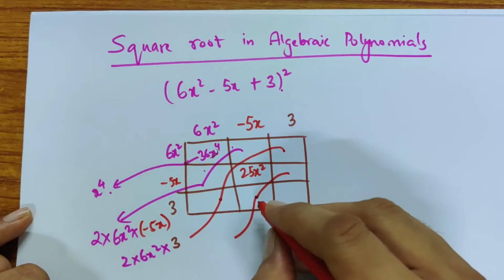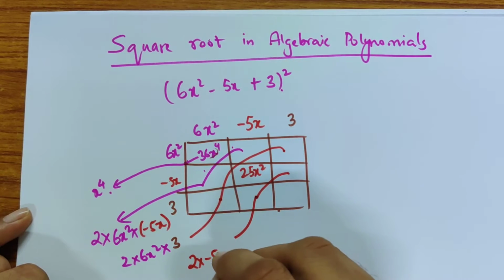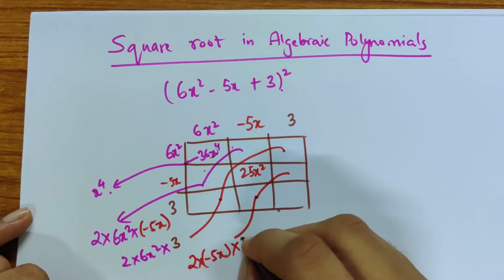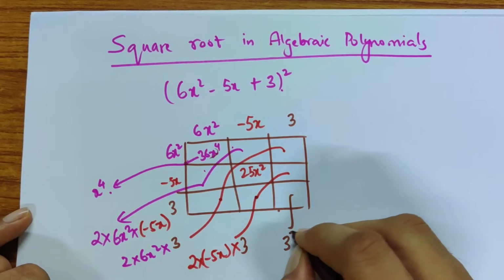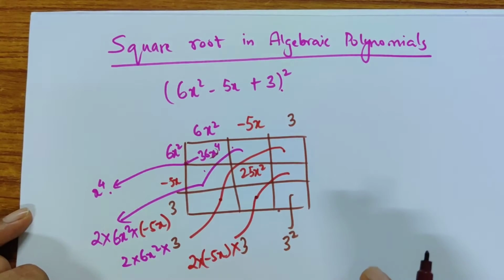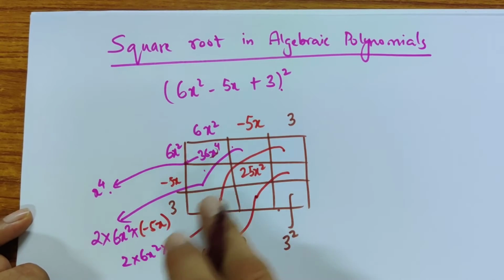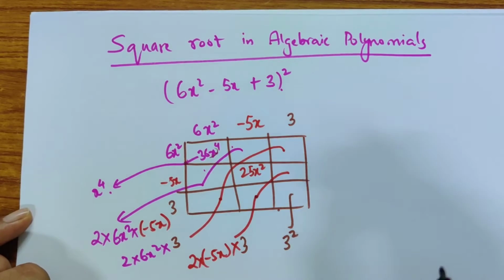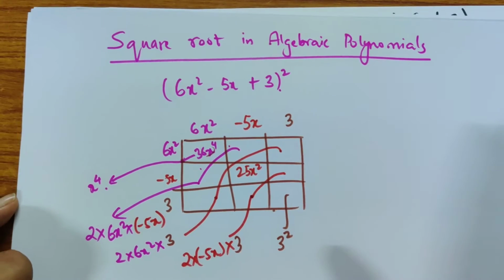So this is your x term, which is 2 times negative 5x times 3, and of course you have the 1's term, which is 3 squared. So this is how the terms work out. You have the x power 4, x cube, x squared is these 3 terms, then x is these, and this is just the 1's. I hope this is clear.